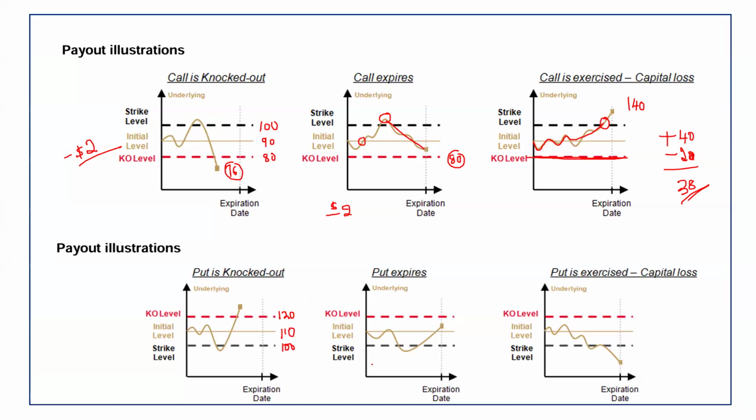In the second scenario, the stock never touched the knockout level, nor did it come below the strike price. This will also end up out of the money.